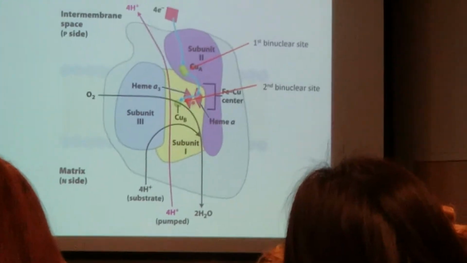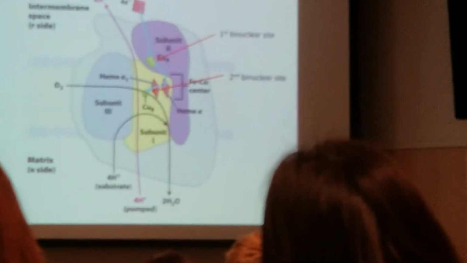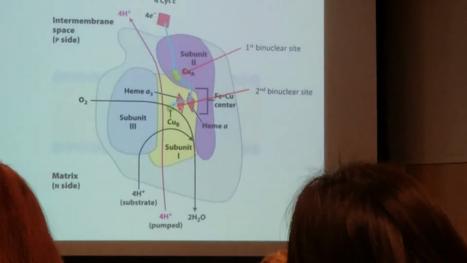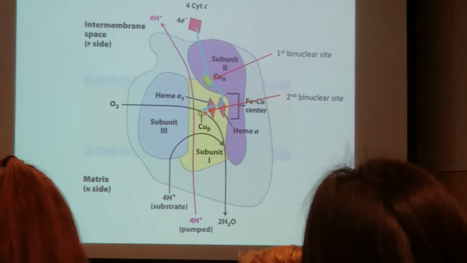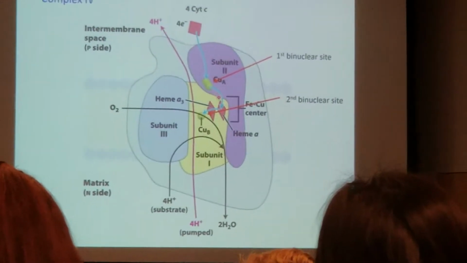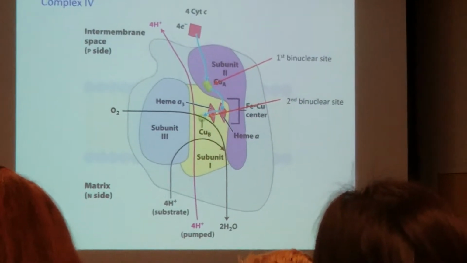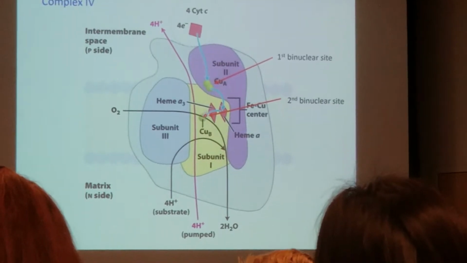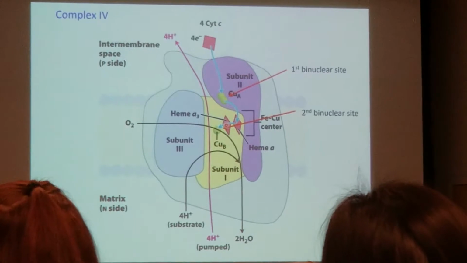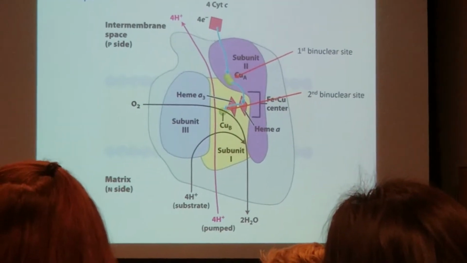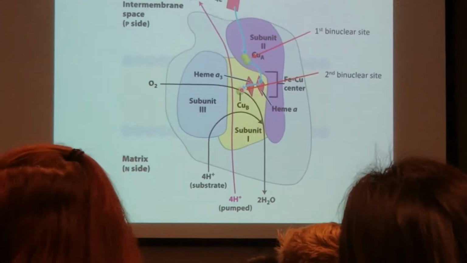So these red rectangles here represent hemes. So there's actually a heme here before the second binuclear site. The electron cloud is going through this heme, but it's this one here that the copper and the iron, they're not showing the iron, but the iron's in the center of that heme. They're so close together, they act as one.